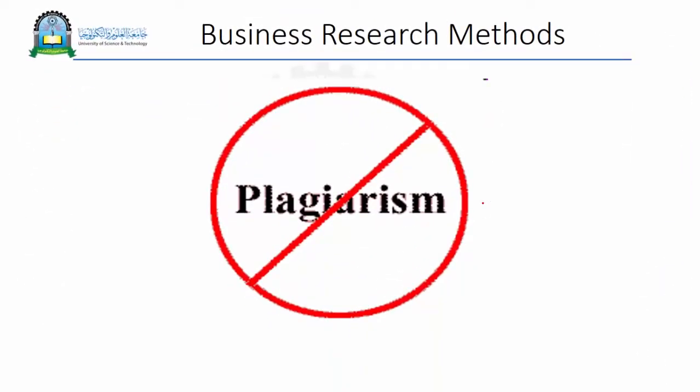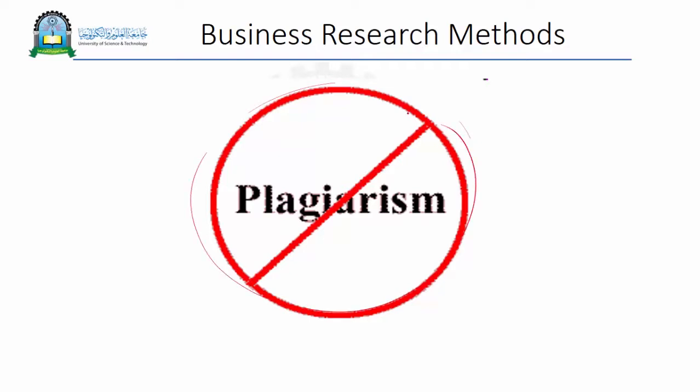When we work, we need to keep the work in ethics. That means, as a researcher, do not practice plagiarism, which is stealing the others' work and pretending that it's your work. So plagiarism is a taboo in research.